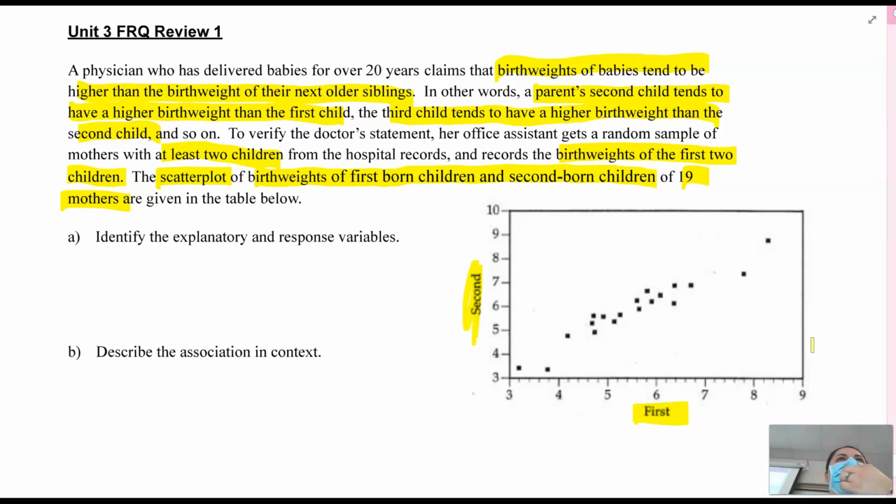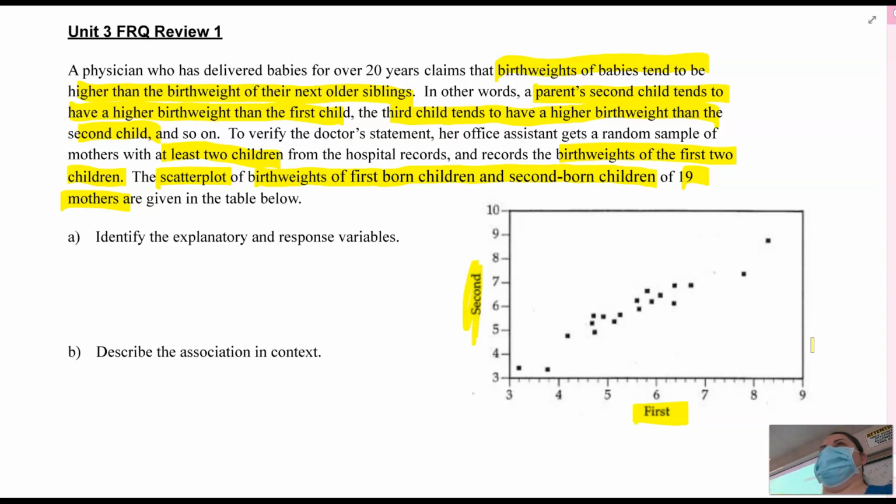Question? For the graph, I'm kind of confused. How would it work, like the first and the second child? How would it work in the line situation? Say the first child weighed 6 pounds, then the second child weighed 6.2 pounds.